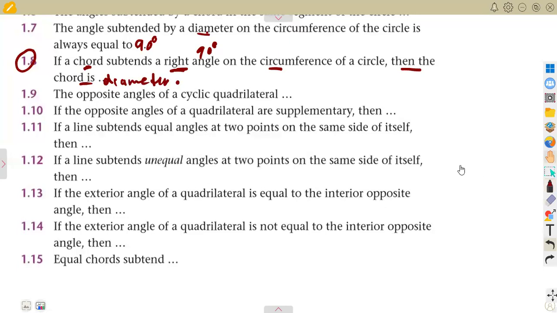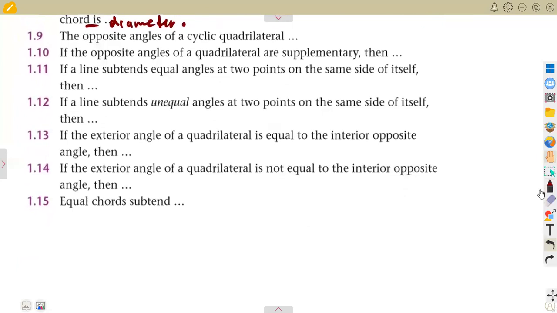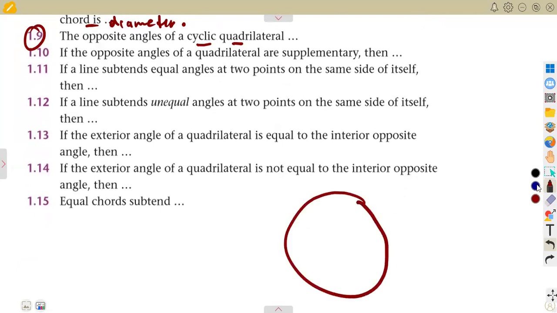Then 1.9, the opposite angles of a cyclic quadrilateral. What happens with opposite angles of a cyclic quadrilateral? They are supplementary. They add up to 180 degrees. Remember, a cyclic quadrilateral is one that has 4 vertices on the circumference of a circle. Given this is x and this is y, these are the opposite angles.